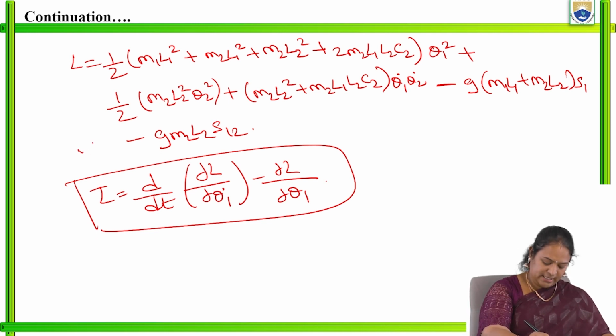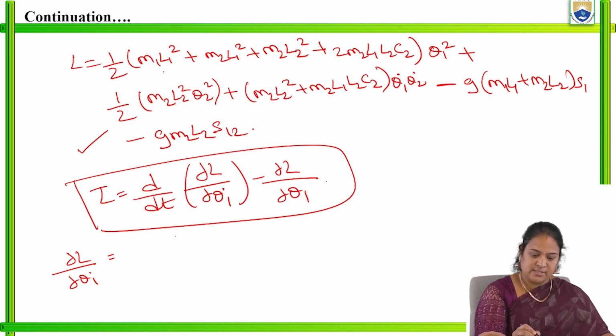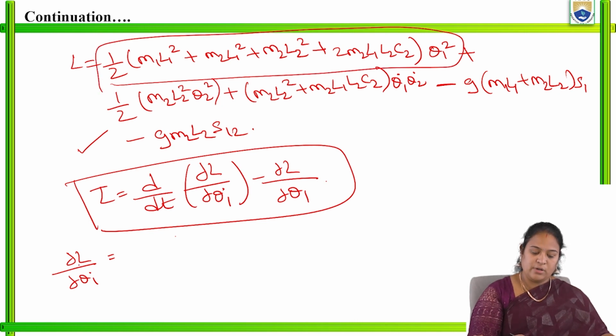So this particular equation we need to differentiate, that is dou L by dou theta i is nothing but m1 l1 plus m2 l2 plus theta 1, this whole is equal to dou L by dou theta i, right?